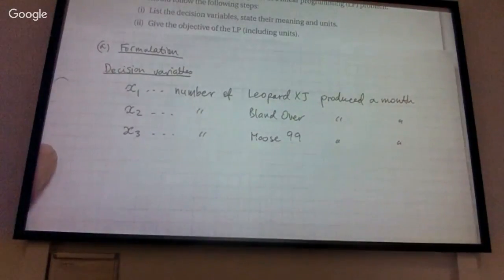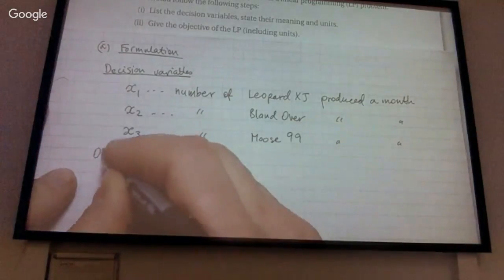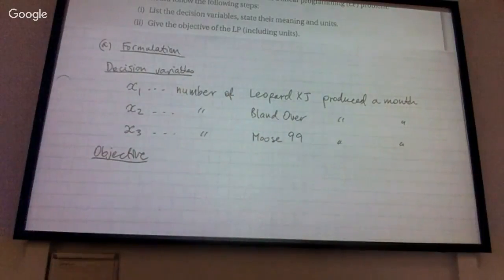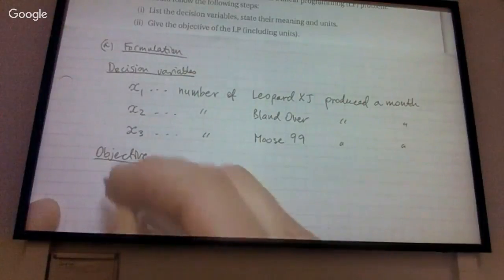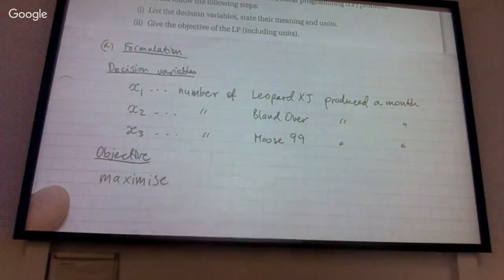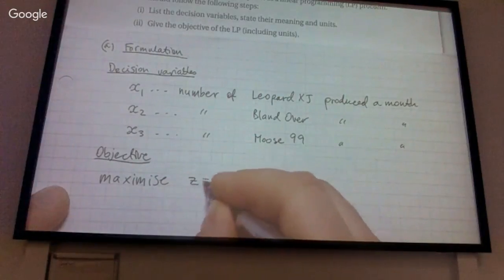Then the second question asks you to give the objective. So the objective of a linear programming problem consists of the word maximize or minimize, and then a linear expression in terms of the decision variables. So in this case, the text tells you that the objective will be to maximize the profit. So you can write maximize, you can call it Z or P or whatever.